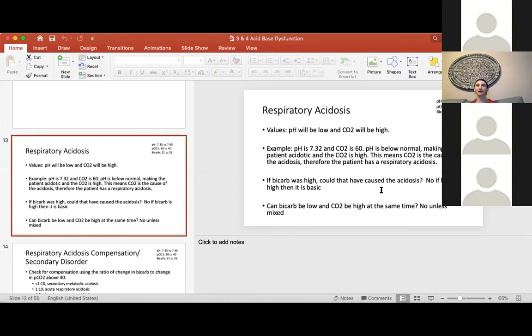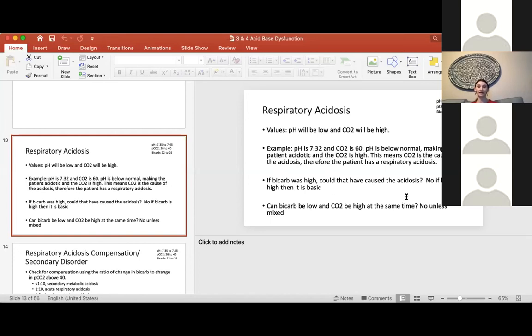If bicarb is also high, would it have caused the acidosis? No, because remember, bicarb is a base, so it's not going to make it that way. Could bicarb be low and CO2 be high?